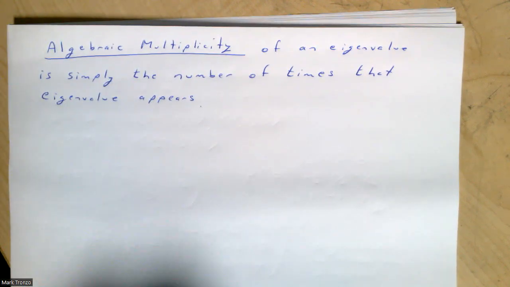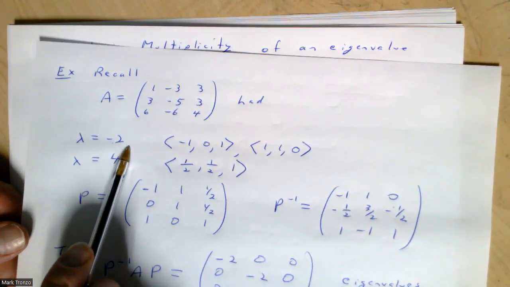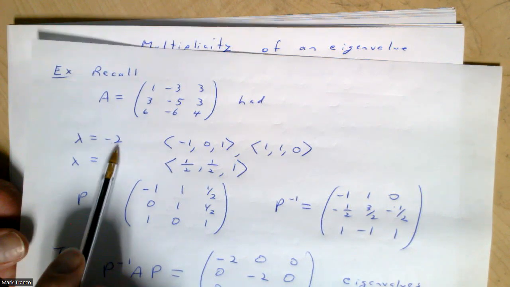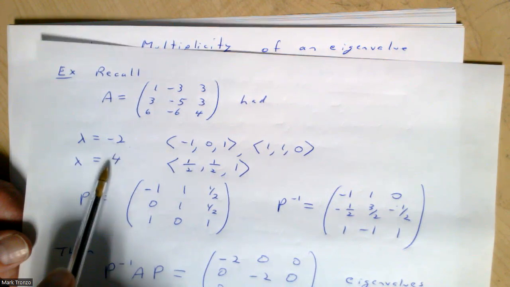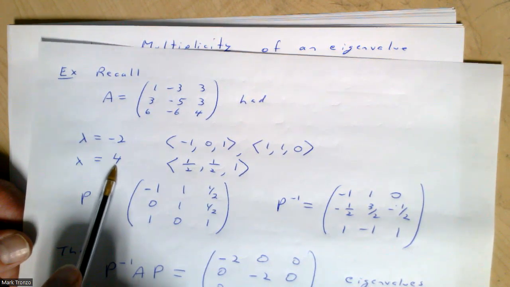So in the case that we had here, like I said, when we originally did this, we found we had -2 and -2. So the algebraic multiplicity of -2 would be 2. Now, 4 only showed up once when we solved the characteristic equation, so its algebraic multiplicity would just be 1.